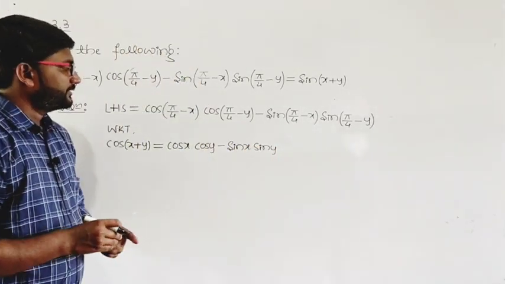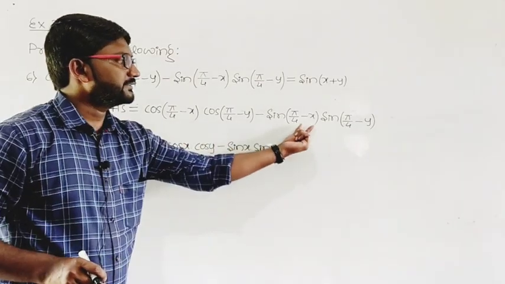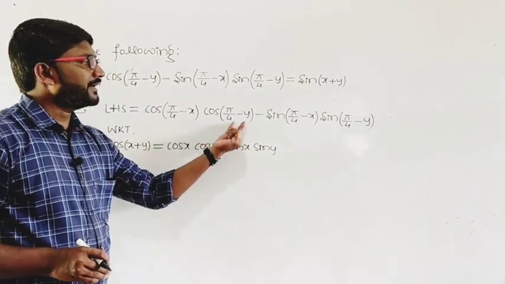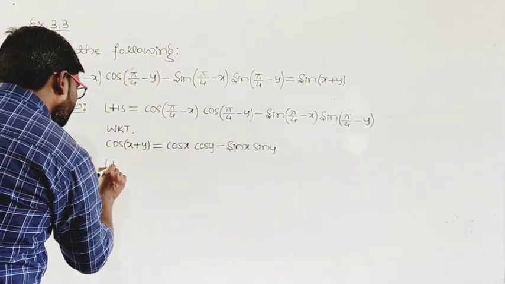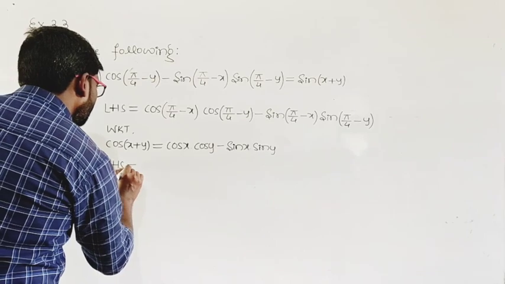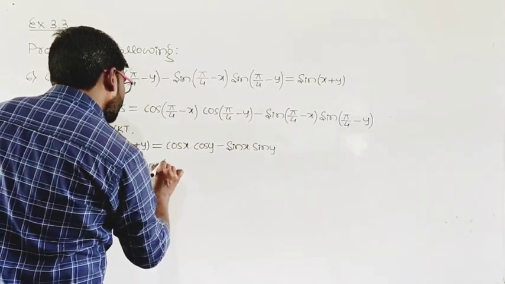See here, the angle x must be the same in cos x and sin x, and cos y and sin y. So LHS can be written as cos of x plus y.